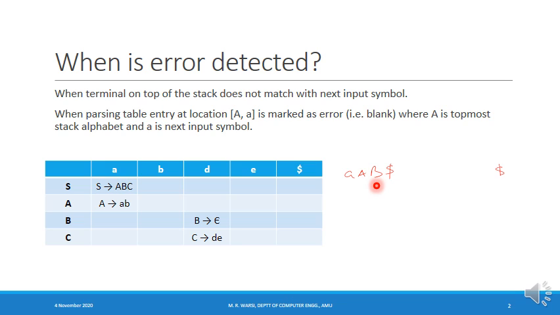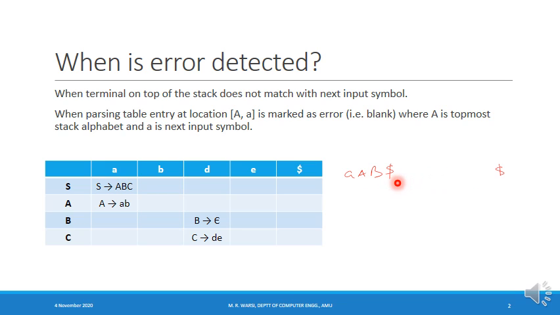Now at this state of the parsing, the next input symbol has got to be small a. So whenever I have a terminal symbol on top of the stack, this terminal symbol must match with the next input symbol. If it is not matching with the next input symbol, then this is indicating the error.